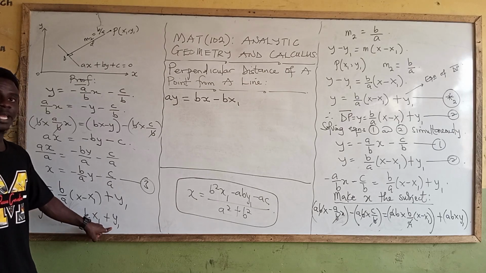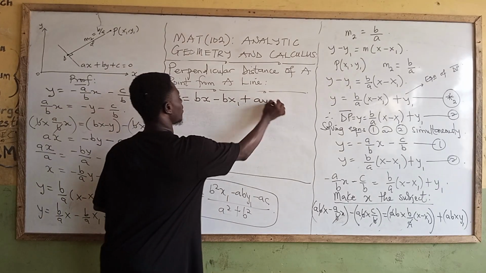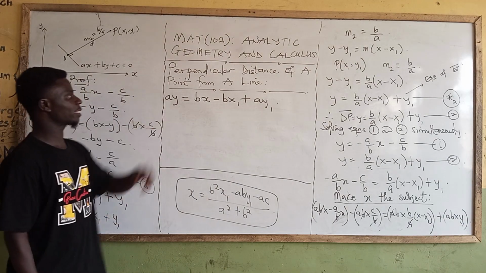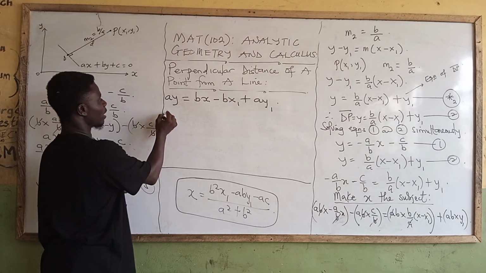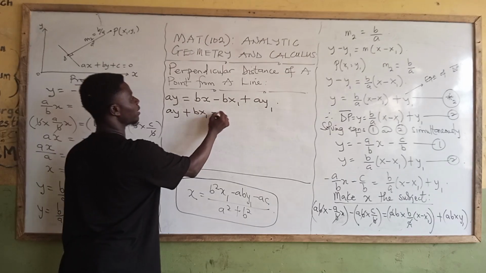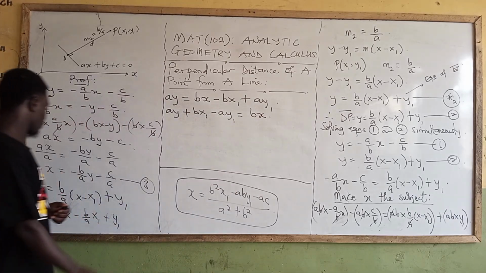Then plus a by this y1, I get plus ay1. Right. So don't forget, we are making x the subject. So we send this one, we send that. So I have ay plus bx1 minus ay1 equals bx.